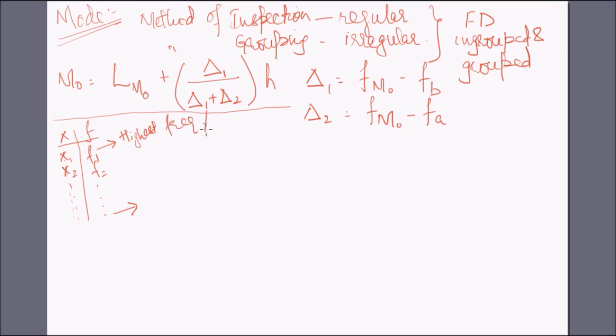either by the method of inspection or by method of grouping, if it falls in the first or the last class, that is the first or the last frequency is the highest, or suppose there are more than one, say for example there are two values in between, say f2 and f3, both of these have the highest frequency.